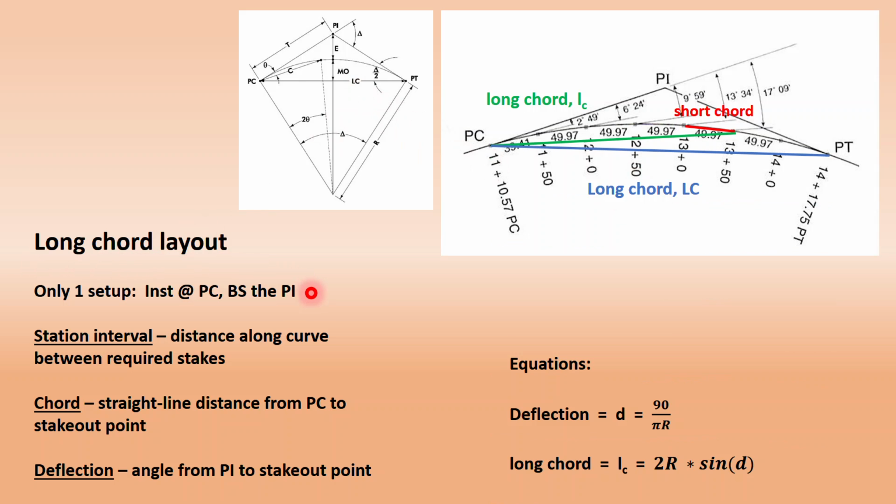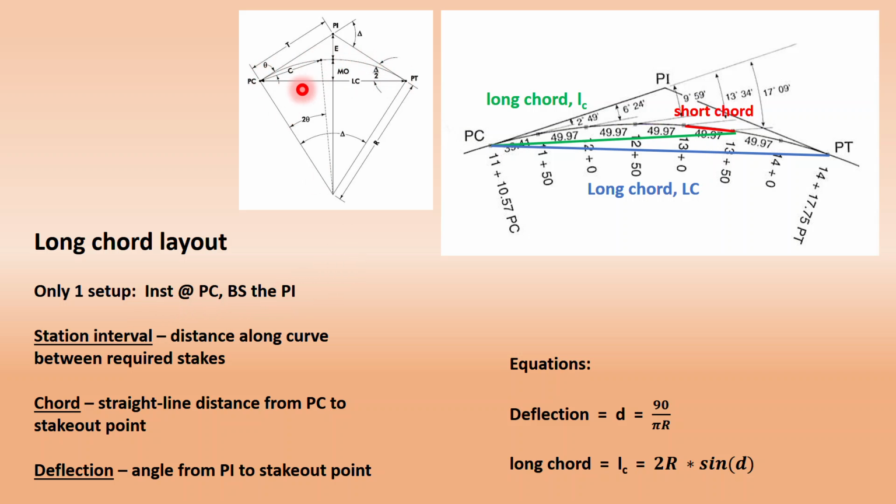The other thing to mention here is that this is the most common way to calculate horizontal curve layout. It's one setup instrument at the PC, but there are other means. If this is a long horizontal curve with maybe a 2, 3, 4,000 foot radius, this is a high-speed curve designed to accommodate interstate travel at 70, 80 miles an hour.